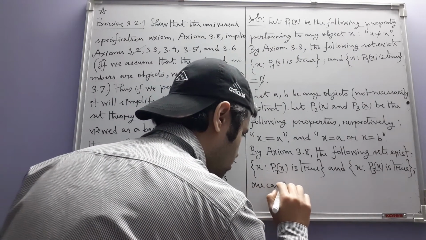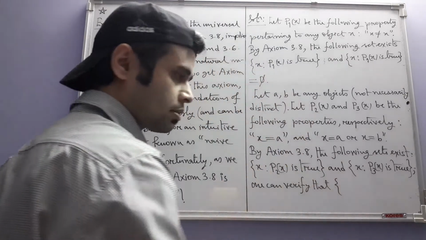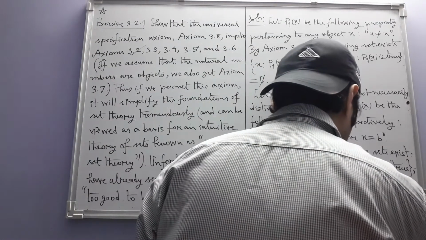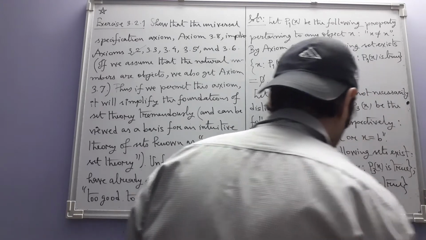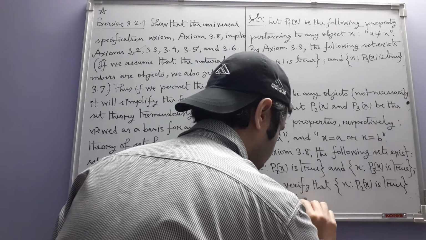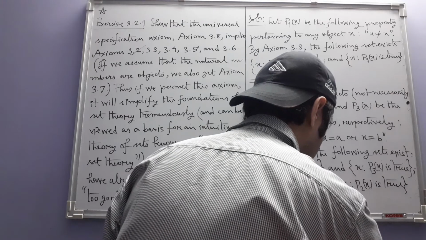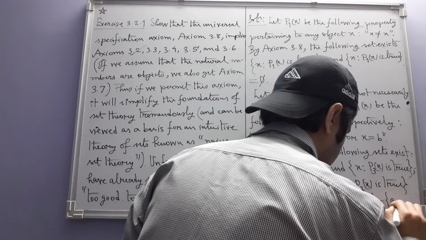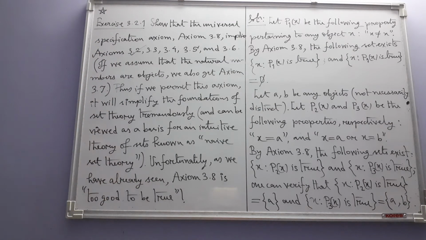One can verify that the first set is actually the singleton set consisting of the sole element A, and the second one is the pair set consisting of A and B. That's how we get the existence of pair sets and singleton sets.